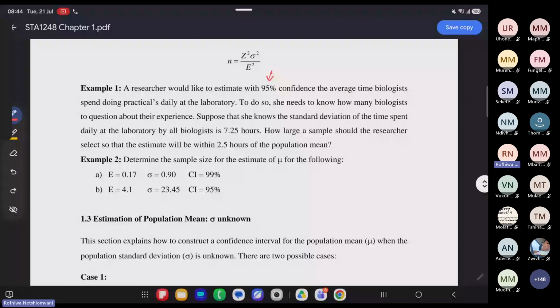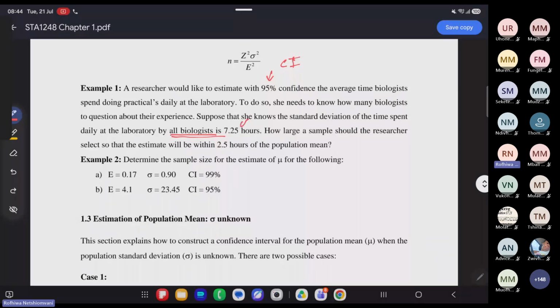Then it says, suppose that she knows that the standard deviation of the time spent daily at the laboratory by all. You see this word all. By all, it means that it's a population, everyone involved. So therefore, it's a population standard deviation. So this will be the CI, then sigma will be 7.25.